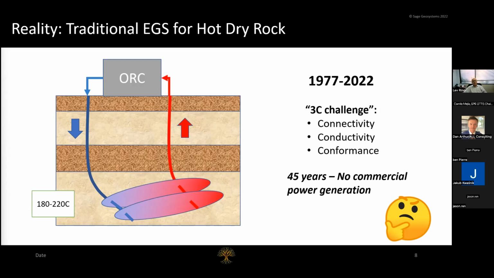Seems easy. But there are 4 actual challenges. First of all, you need to be able to connect these 2 wells with the fractures. Well, for the last 20 years, we learned how to do it in oil and gas.